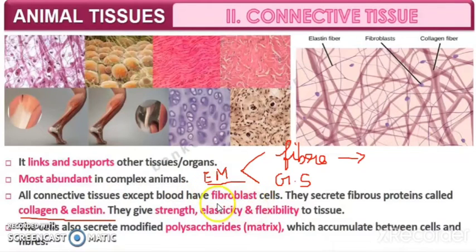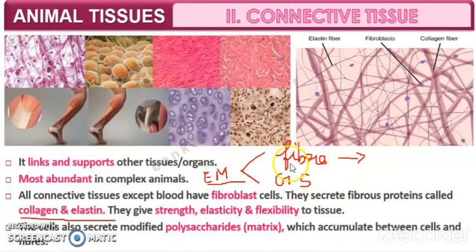Fibroblast cells are the cells that produce these fibers, so we are calling them fibroblast cells. And what do they secrete? They secrete fibrous proteins called collagen and elastin. They produce these two fibrous proteins, structural proteins, right? So please keep in mind, fibers are made up of protein.